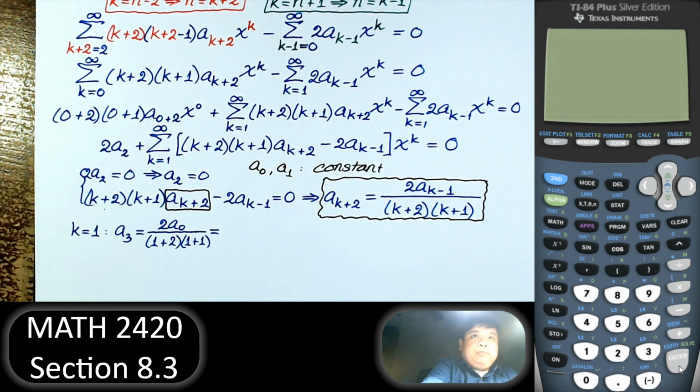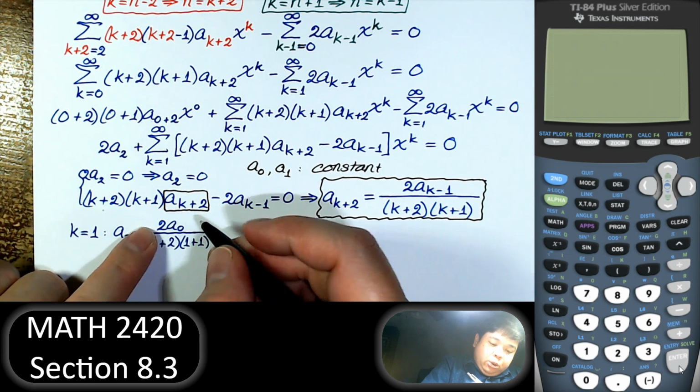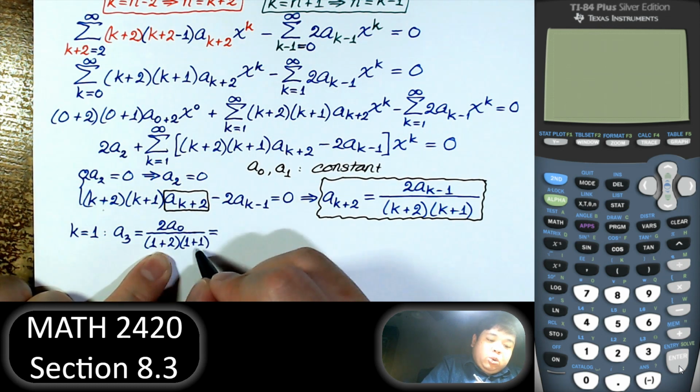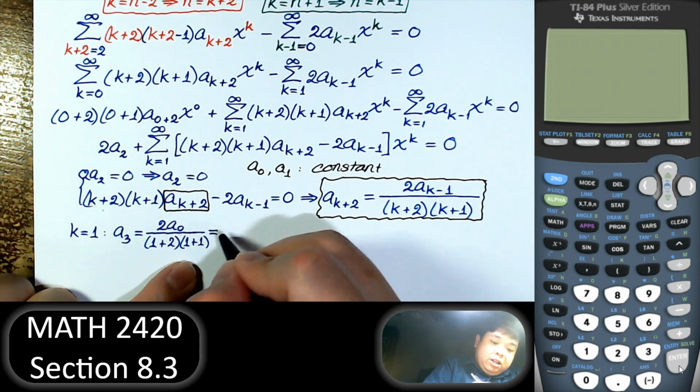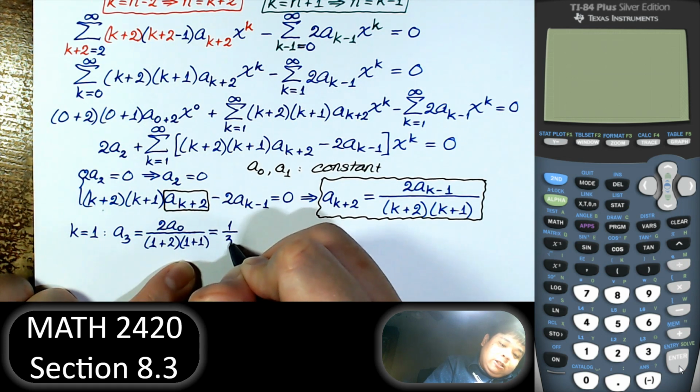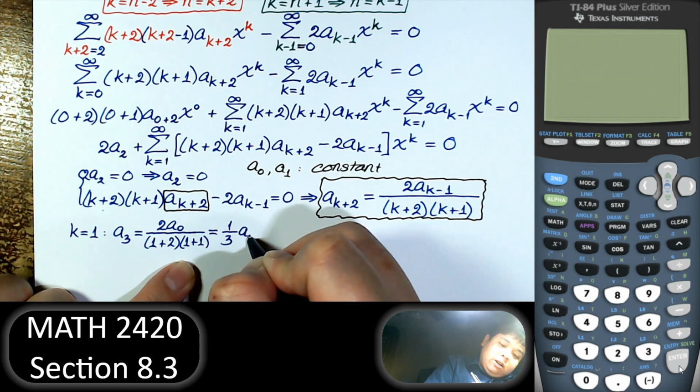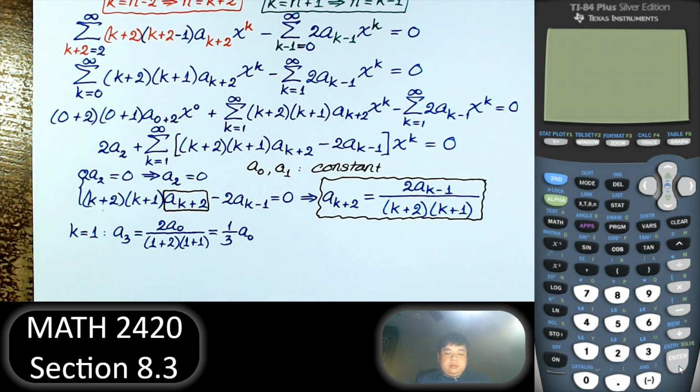So what do we have here? It's going to be 2, 3 and 2 with 6 at the bottom. 2 over 6 is 1 over 3, a naught. Right.